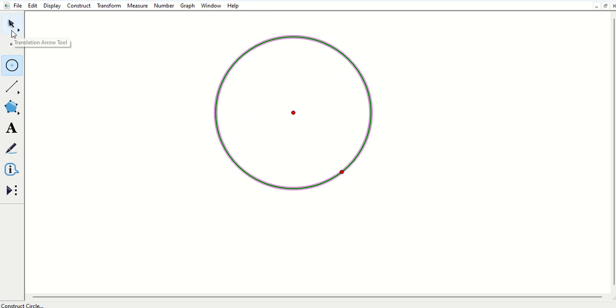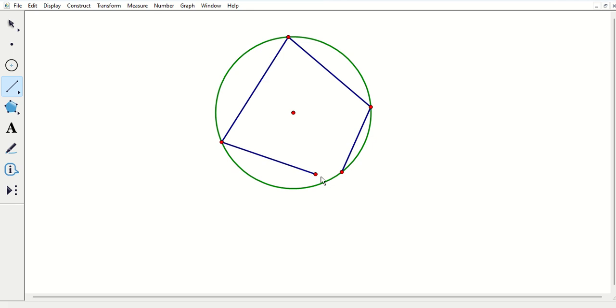Now we want to find out what happens if I construct a circle and I form 4 points on the circle. Here are my 4 points and I've joined my 4 points.